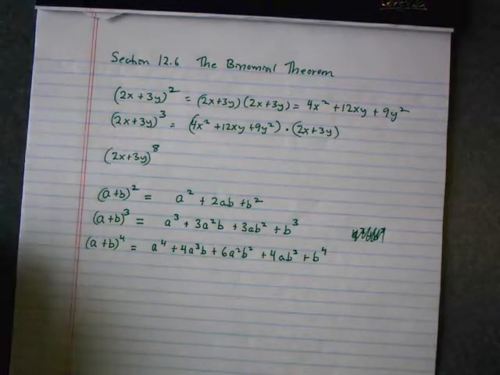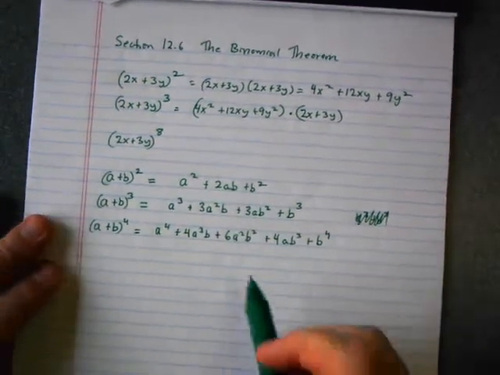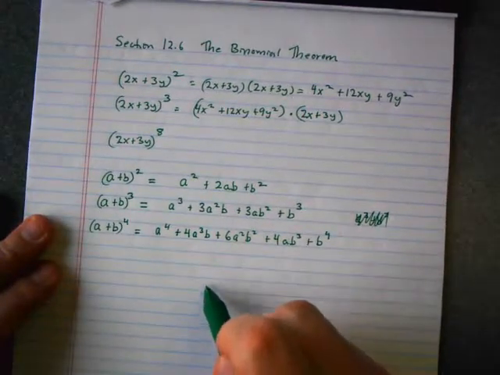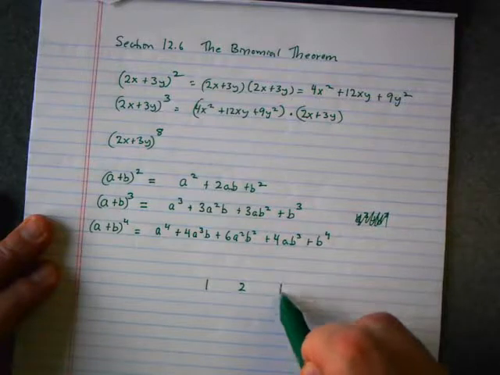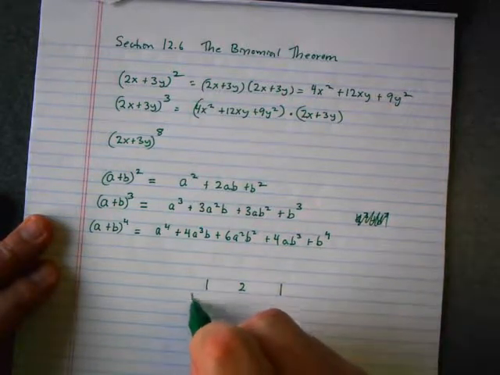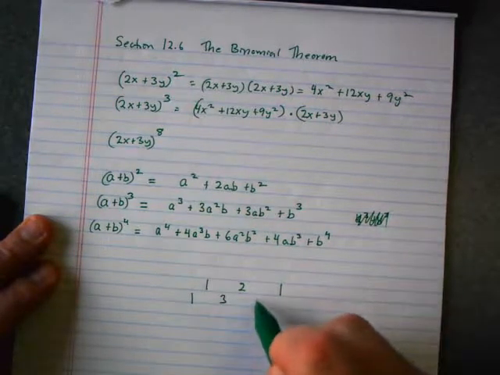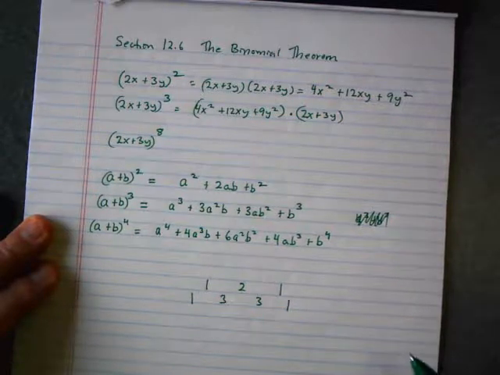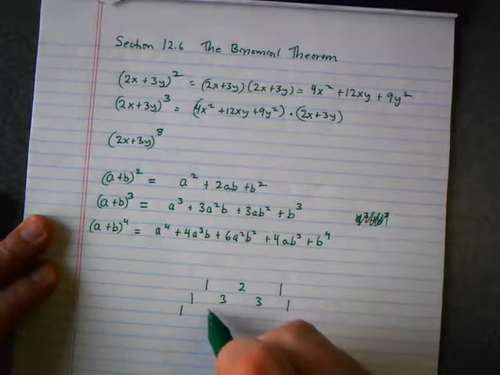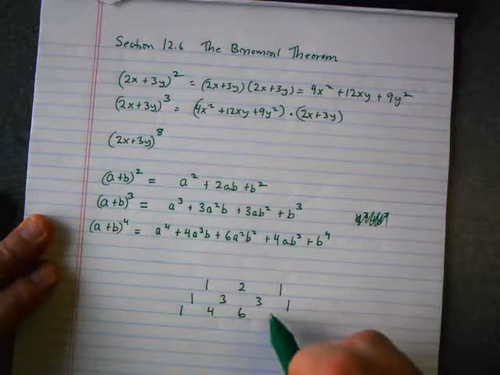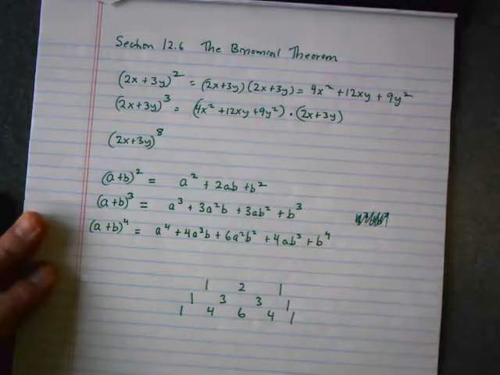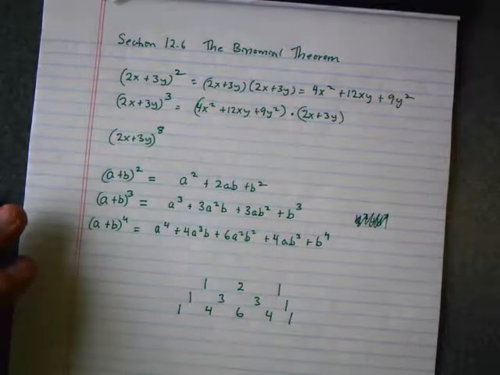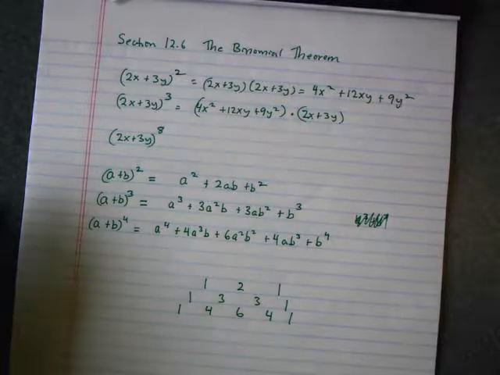All right, so we're looking at the coefficients. I'm going to write down just the coefficients. 1, 2, 1. And the next one was 1, 3, 3, 1. And the next one was 1, 4, 6, 4, 1. It is Pascal's triangle. Yeah, these coefficients are Pascal's triangle.